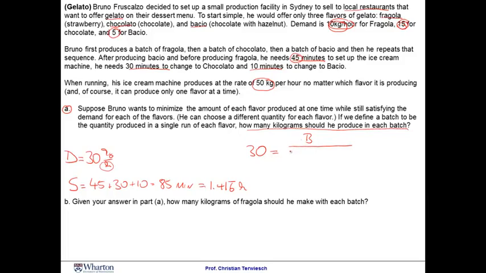So the setup time here is 1.416666 plus the batch size times 1 over 50 per hour, right? 50 kilograms per hour is the capacity of the machine, and so if you ask yourself hours per kilogram, it's a 50th of an hour per kilogram of ice cream.